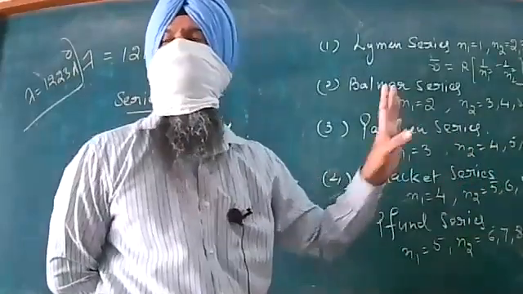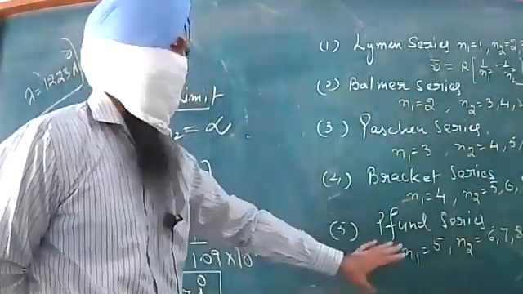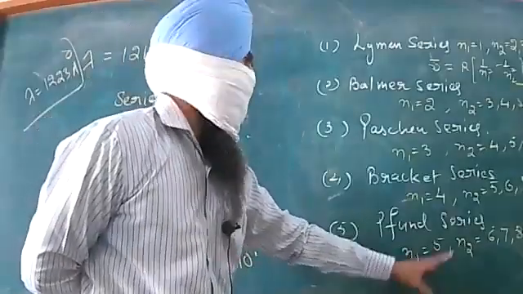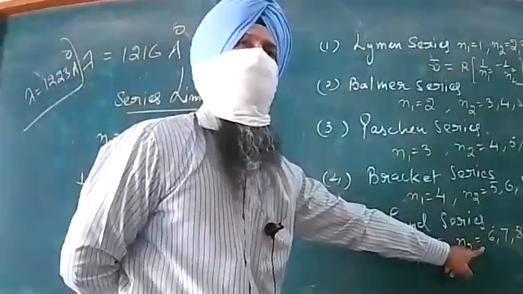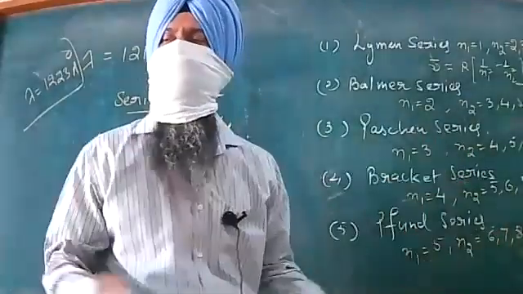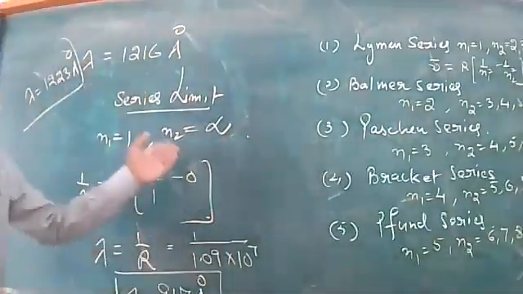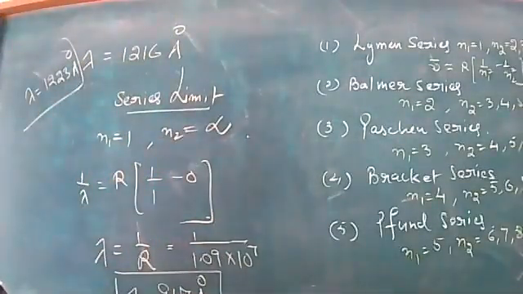Shortest we will also call the series limit. For the Pfund series, n1 will be 5, for the longest n2 will be 6, and for the shortest or series limit n2 will become infinite. So this was our analysis of the different types of series.